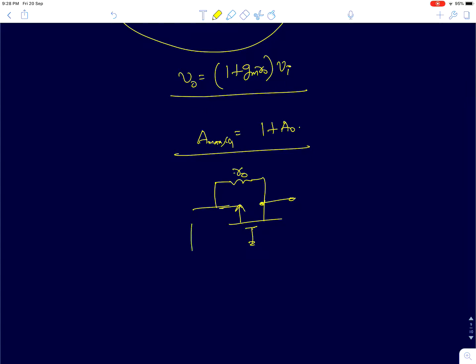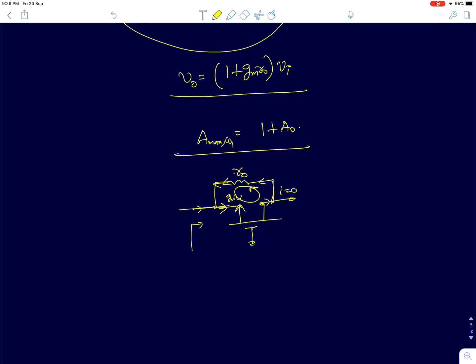Let's say we want to find the input resistance of a common gate configuration, and I have open circuited the drain. If I open circuit the drain, you will have a current gm*vi flowing in this direction. Since the drain current has to be 0, it's an open circuit, so the gm*vi current will loop within the device itself. I mean, it will flow through the device and R0.